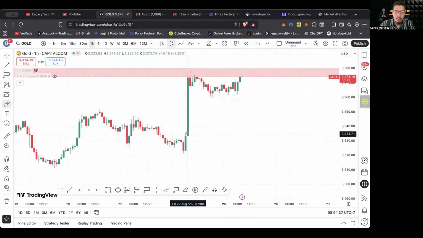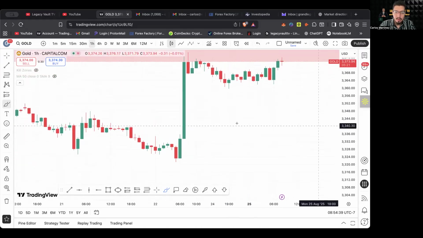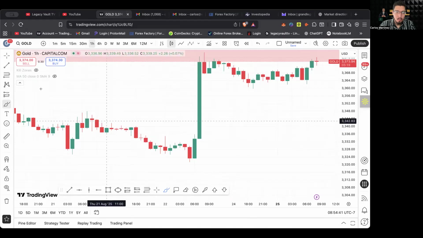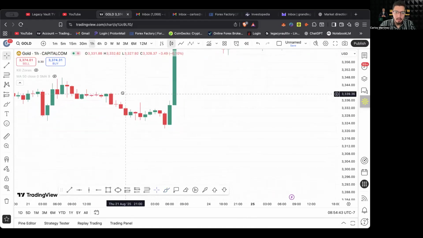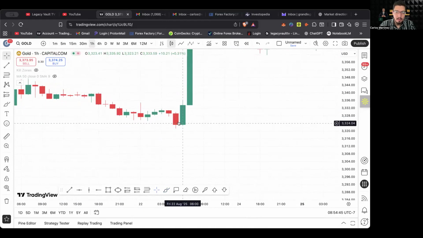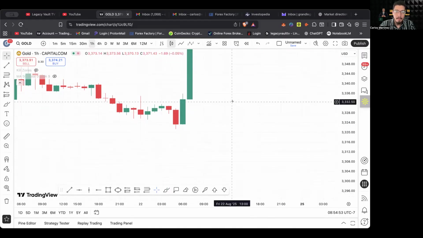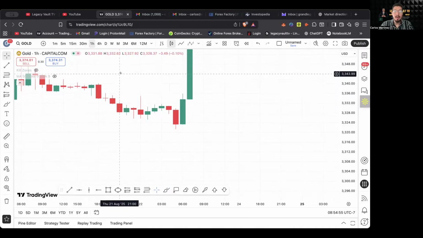Now, when we see this move, we can spot an imbalance, and we also see an order block right here. This red bearish candle before the big move up is considered an order block. An order block is a candle that was left that liquidated the previous candles before that.